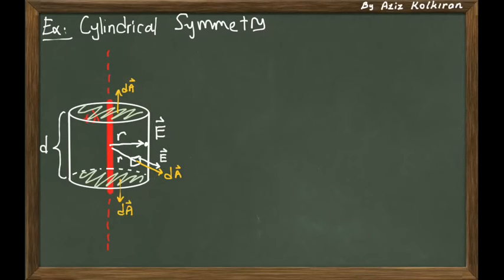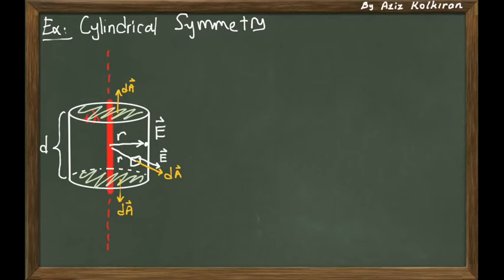What about the bottom and top surfaces of the cylinder? Of course, we need to take these surfaces into account to calculate the flux, because every Gaussian surface is a closed surface, so we have to consider all the surfaces of this pillbox. The area vector on the top surface is in the upward direction, and similarly the area vector at every point on the bottom surface will be in the downward direction, and the electric field at every point on the top and bottom surfaces will be perpendicular to the area vectors.